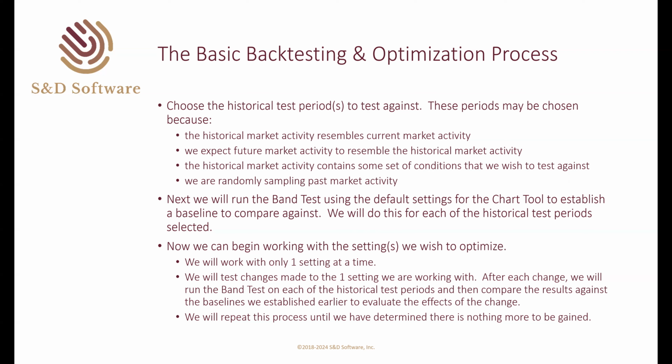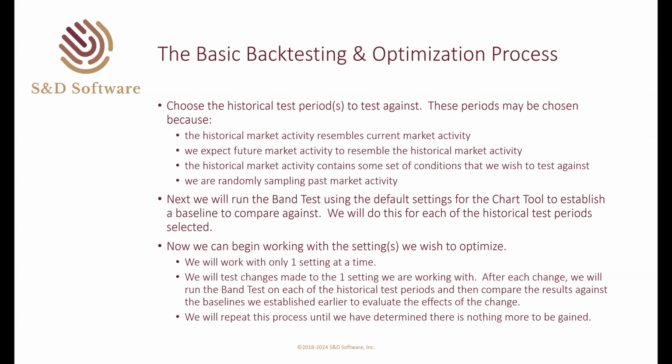Now, how do we choose that historical period? One obvious way is to choose a historical period where the market was behaving very much like it is today. That way we can get an idea of what to expect from our system under current market conditions.